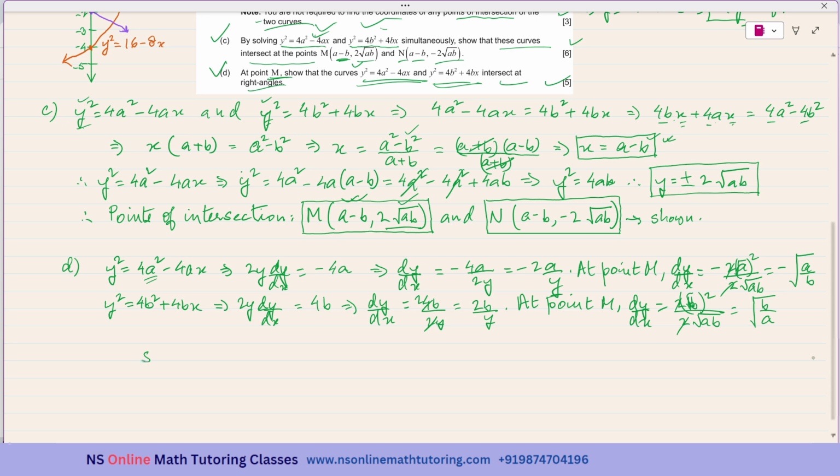Since negative root a over b times root b over a is equal to negative 1, therefore, they intersect at right angles.